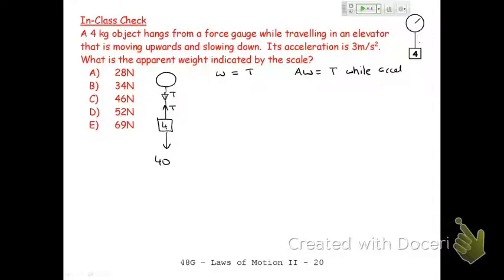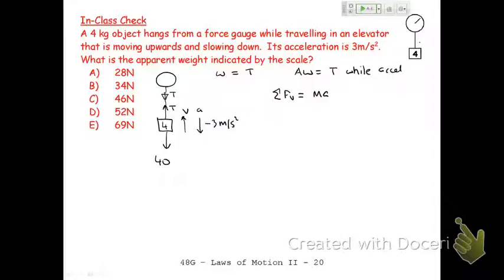It says traveling in an elevator that's moving upwards, so my V is upwards, while slowing down, so my acceleration is downwards. So rather than plus 3 meters per second squared, it's minus 3 meters per second squared. This is not in equilibrium vertically, so the sum of the forces vertically is equal to ma.